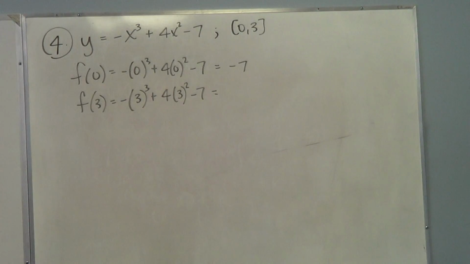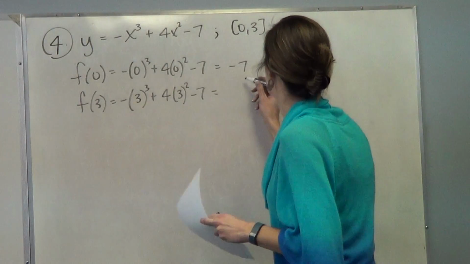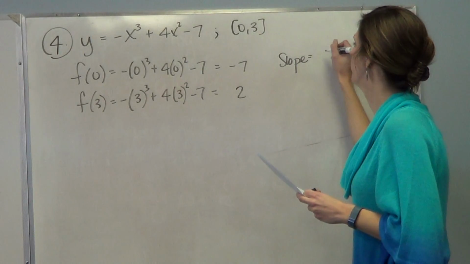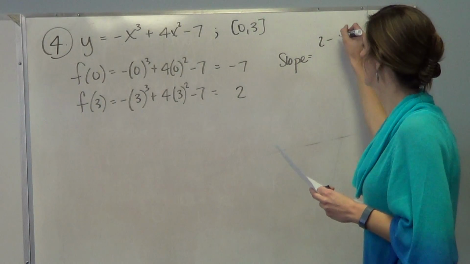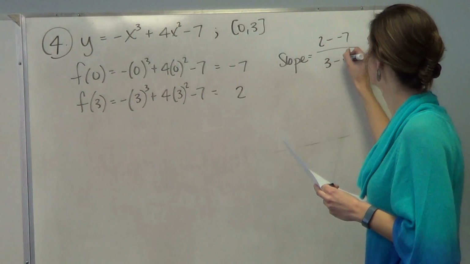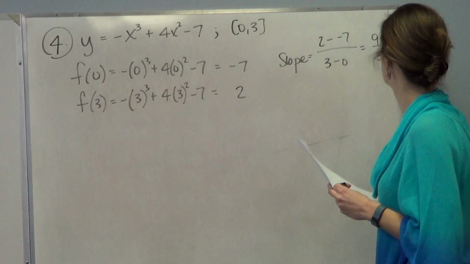You get 2. Okay, so the slope is 2 minus 7 over 3, right?